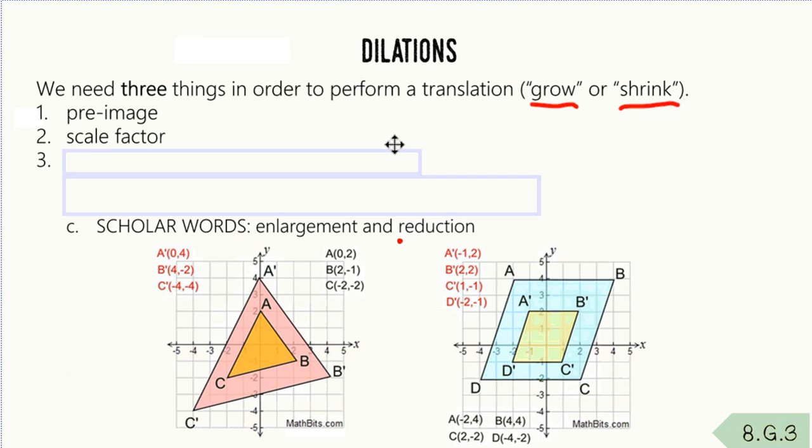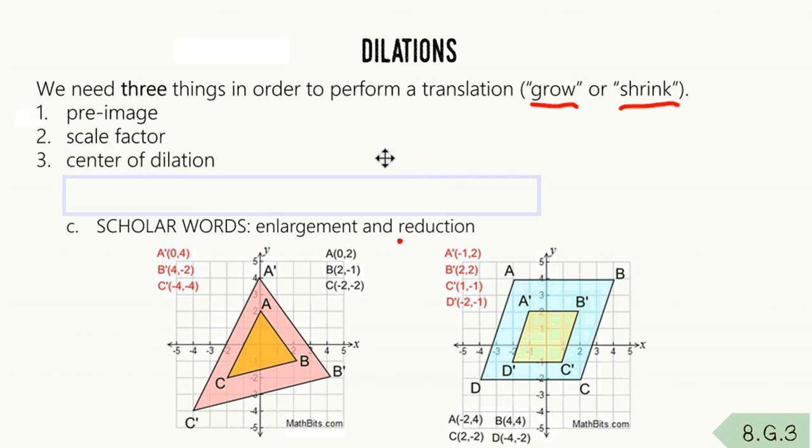We also need a center of dilation. And these 2 examples here show a center of dilation that looks like it's probably at the origin, which is 0, 0, but we can use any point as a center of dilation.